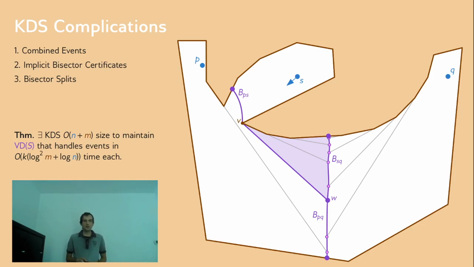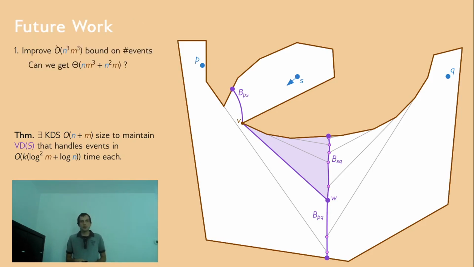Okay, so what do we do for future work? The most important part is the upper bound on the number of events. We currently have this n cubed, m cubed bound, which we believe is an overestimate. We expect that the true answer is closer to the lower bound that we have. But how would we prove this? That's open.